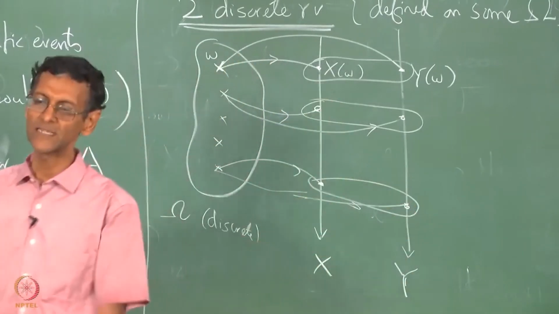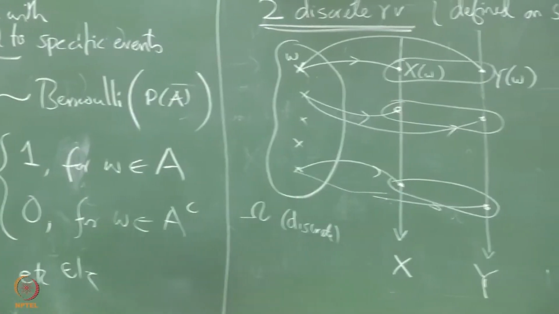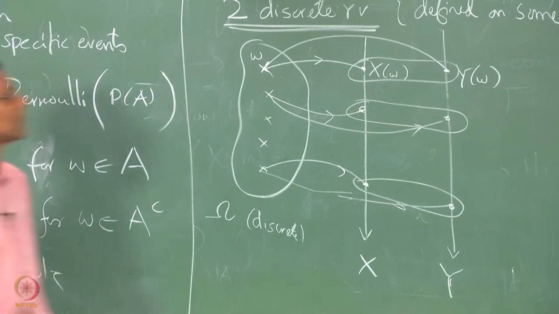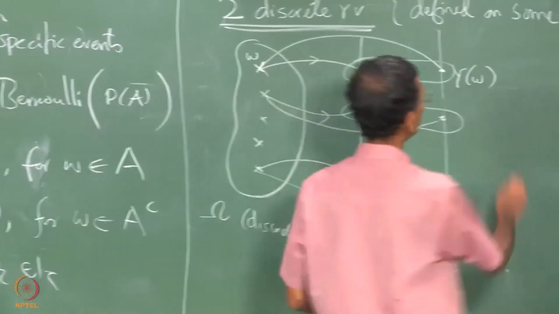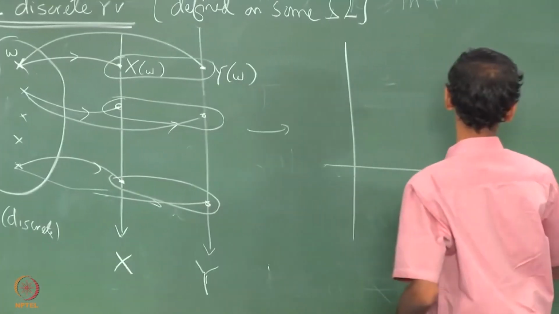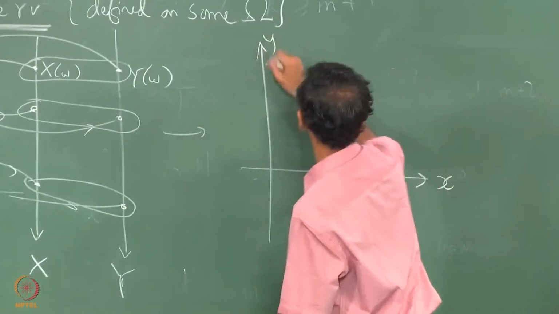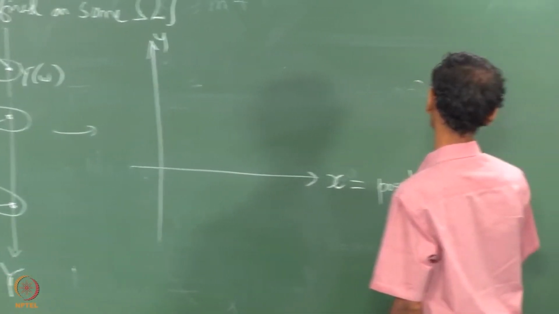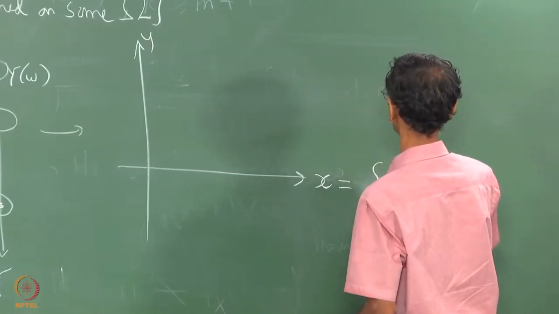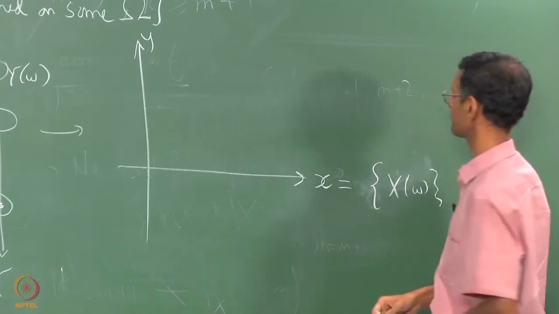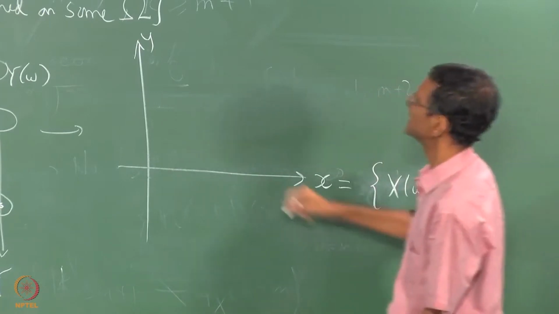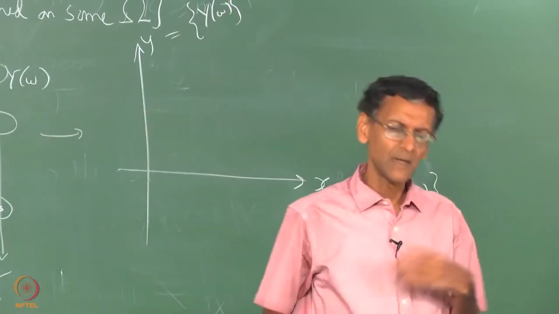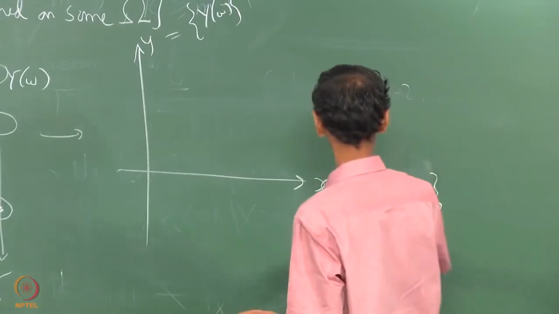If you collect all these pairs of points for the discrete case and put them on the plane, what will you get? You will get a countable collection of points in the xy plane. So, this is small x and y. This will be the possible values of, or let me write this as the collection of x of omega, y of omega, and because I am viewing it as countable sets, I can use this braces notation.